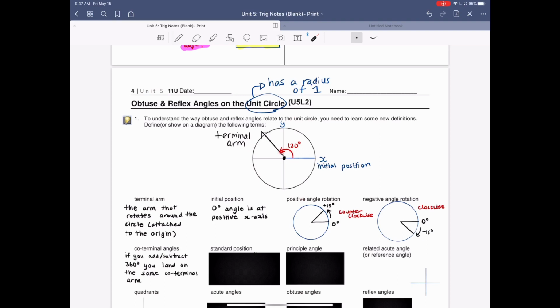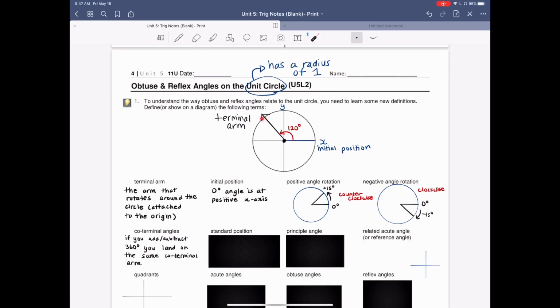Say you're on a Ferris wheel, you are in position, and then you make a full circle. You're going to arrive right at the same position. So you can always add or subtract 360 because you're really in the same position, but you now have a different number to represent that. We call those coterminal angles.